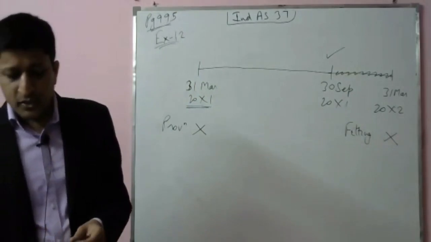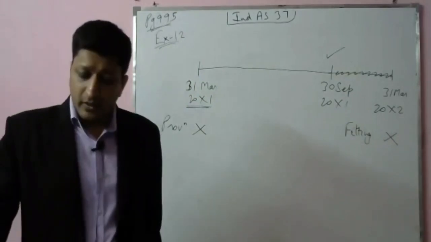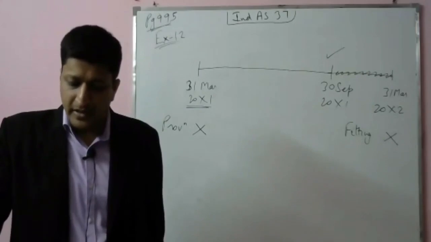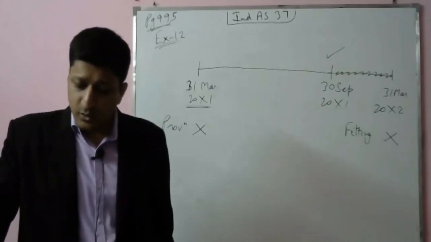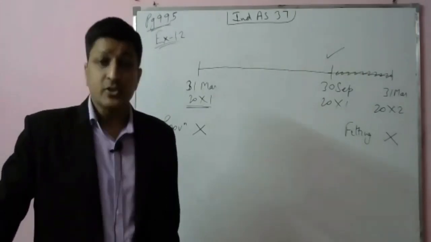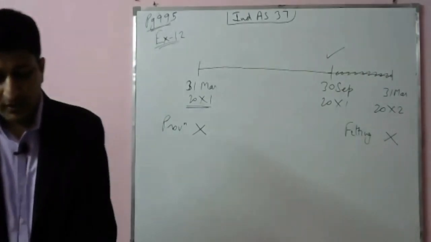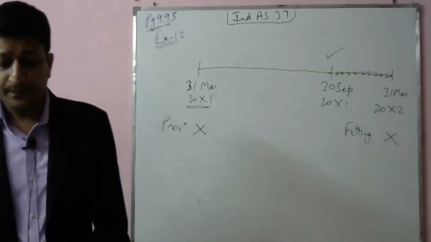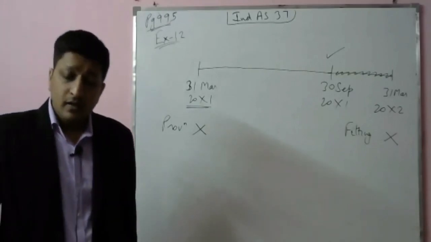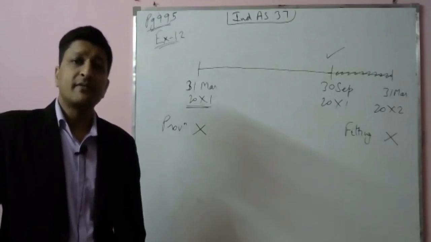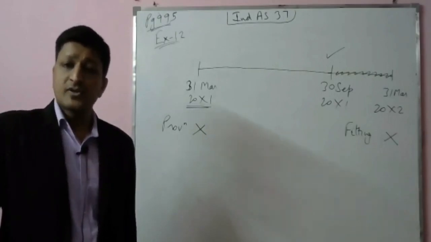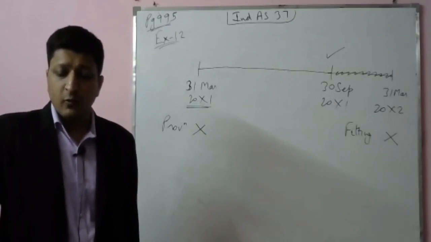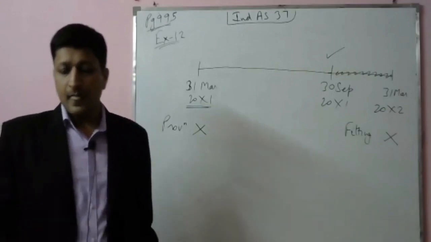Correct? So the assessment of probability of incurring the fines or the penalties because of this non-compliance depends on the details of the legislation and the stringency of the enforcement regime. For which an assessment will have to be made and for which provision will be required to be made.